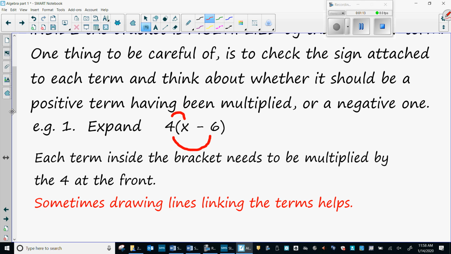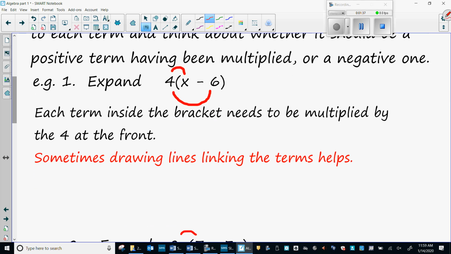If I were to expand 4 bracket x minus 6, we have to multiply both the x and this value here by the 4. Now, this value here, what value is it? It's negative 6. So each term is multiplied by the 4, so we're going to have 4x.